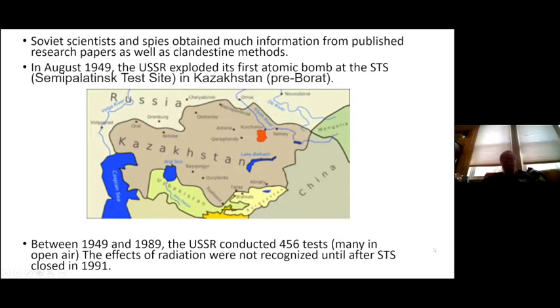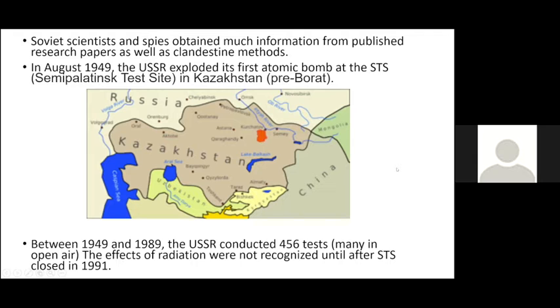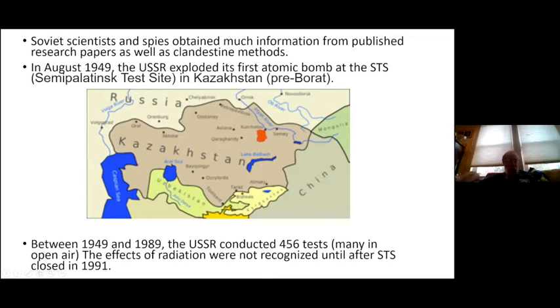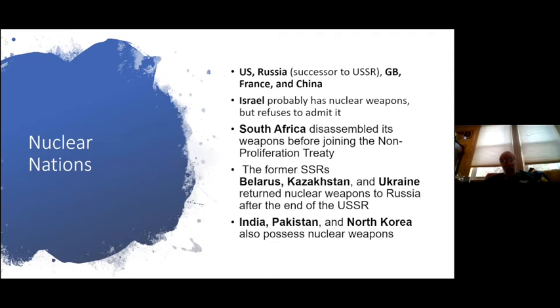Between 1949 and 1989, the USSR conducted 457 tests, many in the open air. The effects of radiation were not recognized until after STS closed in 1991. But one of the effects was that many of us who were around in the 1950s have a lot of cesium-90 in our bodies. At least I think that's the isotope.